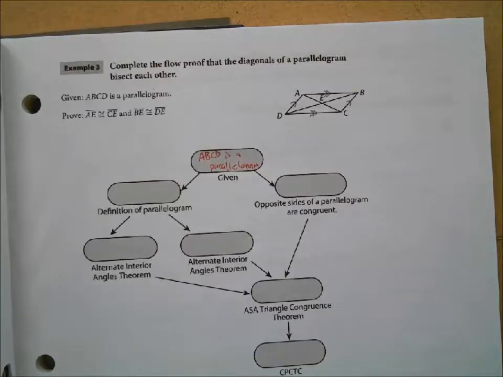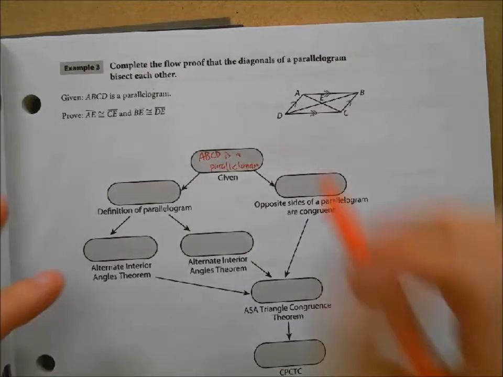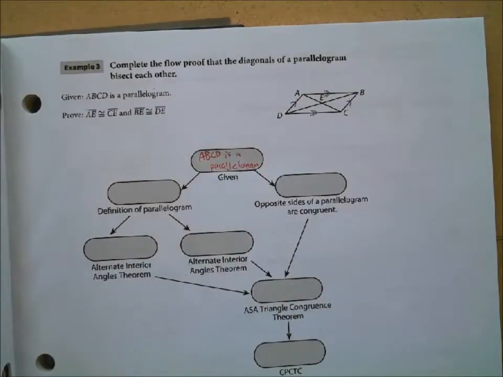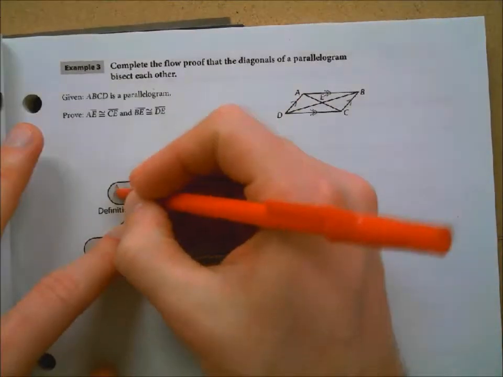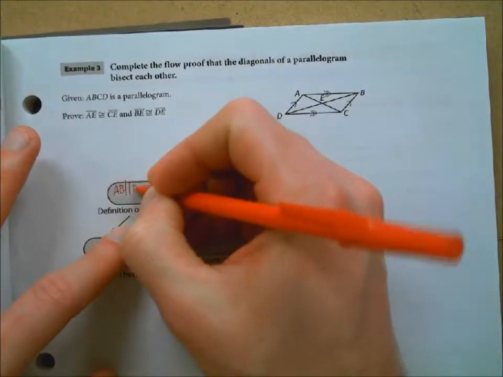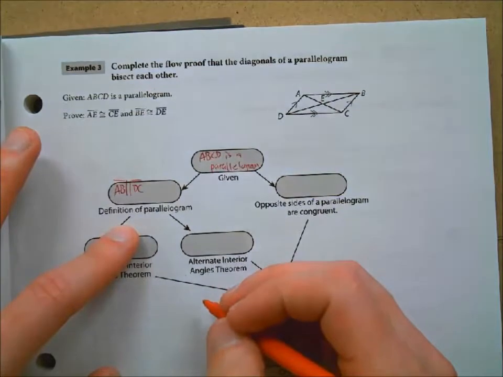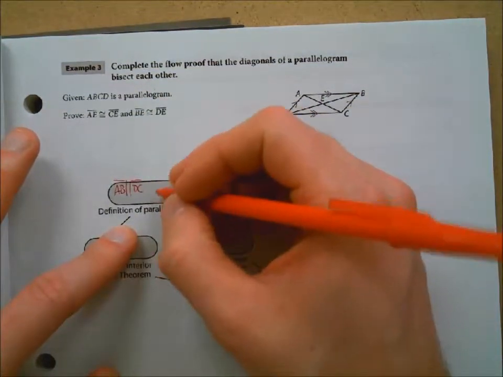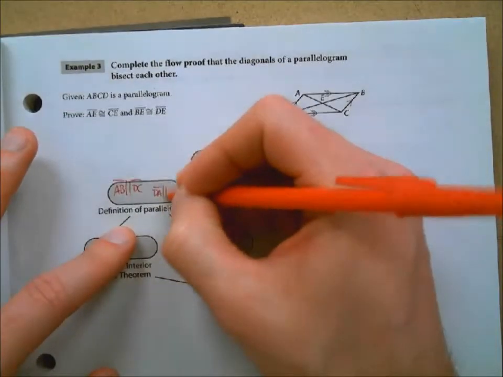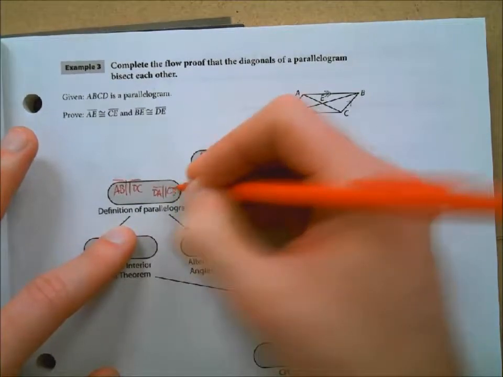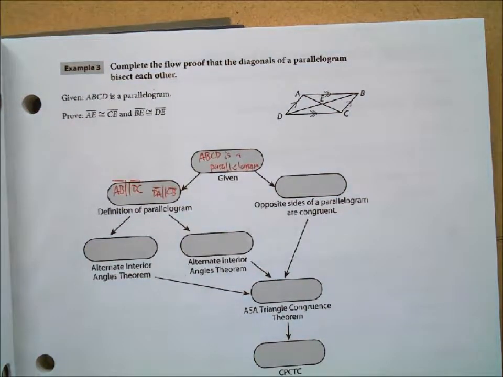So in this specific instance, what are the opposite sides? It's kind of already marked there, isn't it? But what are we going to say? AB parallel to what? DC, yeah. AB parallel to DC. And what else? DA. Exactly right. Very good. DA parallel to CB. So we have to squeeze both of those in there.